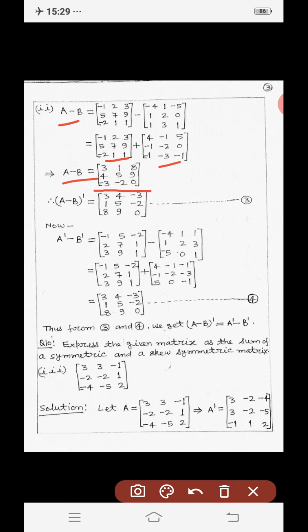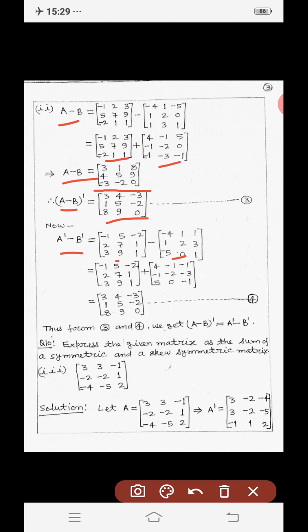So (A minus B) whole transpose equal to [3, 4, -3; 1, 5, -2; 8, 9, 0]. Here interchanging rows and columns of A minus B, we get (A minus B) whole transpose. Now A transpose minus B transpose equal to [-1, 5, -2; 2, 7, 1; 3, 9, 1] minus [-4, 1, 1; 1, 2, 3; -5, 0, 1].